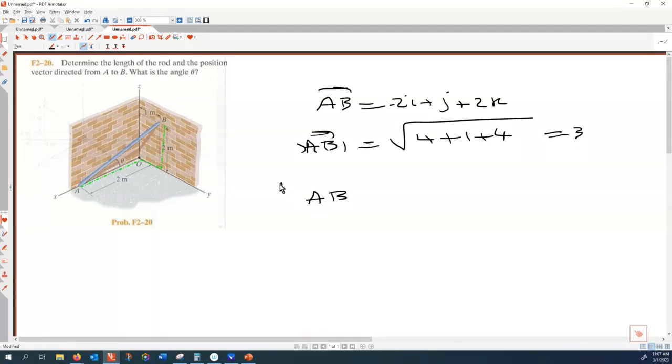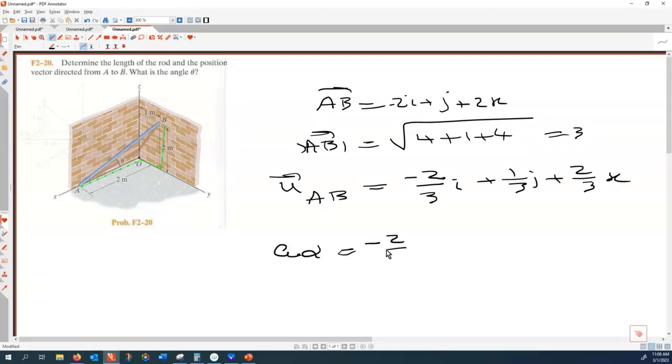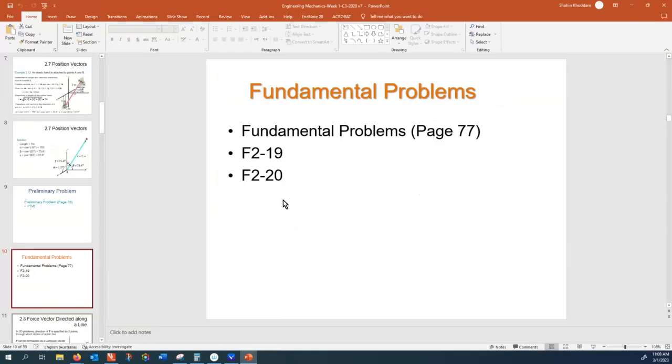The unit vector of AB is minus 2/3 i plus 1/3 j plus 2/3 k. And cos alpha is minus 2/3. So here you find out the angle. Okay, so let's run 220.